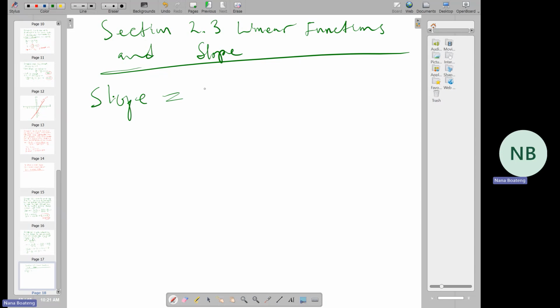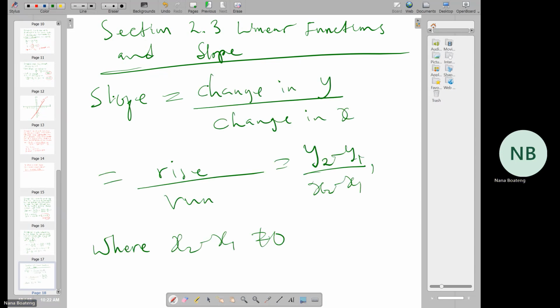All right, so this is the formula for finding the slope. And so we can continue with one example where we look at how to find the slope.